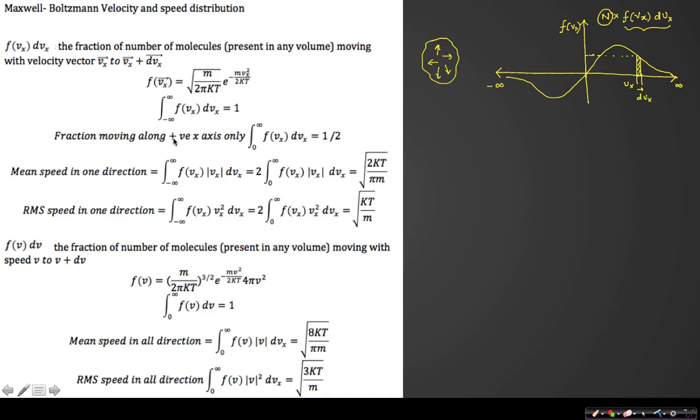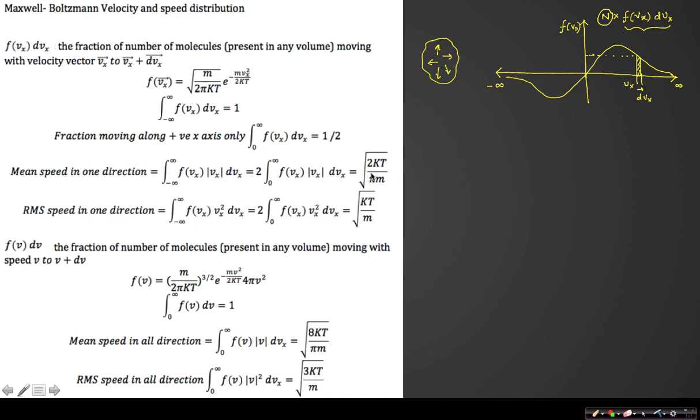If I only talk about the positive x-axis molecules, then I will integrate from 0 to infinity, and that fraction is half. The reason is that the gas molecules are isotropic in nature. So the number of gas molecules moving with velocities from 0 to infinity is the same as the number moving with velocities from 0 to minus infinity. Right? So the minus x-axis and plus x-axis are equally probable. That is why the fraction is half.